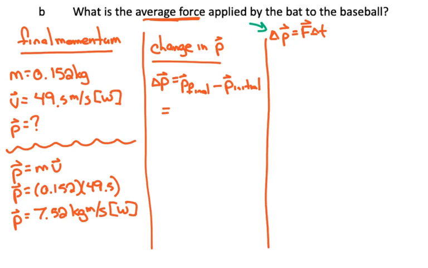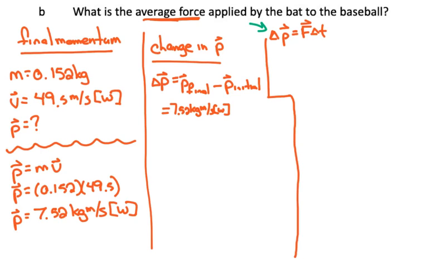So the final momentum, 7.52 kilogram meters per second west. I'm just going to change that line a bit because I won't fit it all in otherwise.